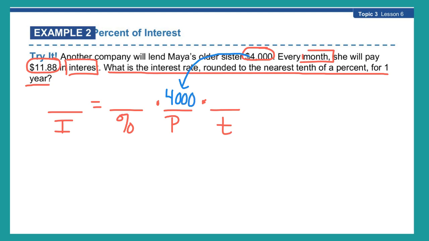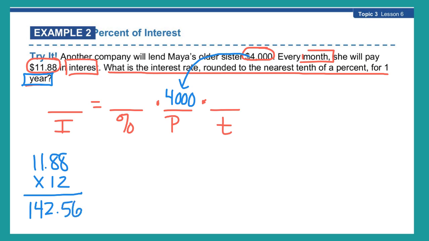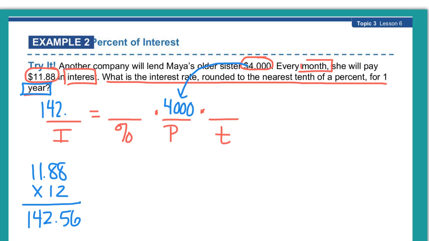We know she's going to pay $11.88 in interest every month. So let's think about this for a minute because we want a year. So $11.88 every month for a year, so times 12 is $142.56. It's really important that you read your labels carefully.